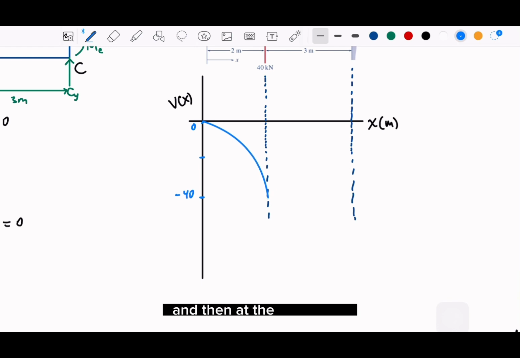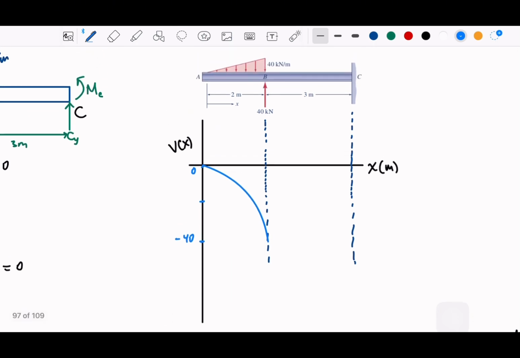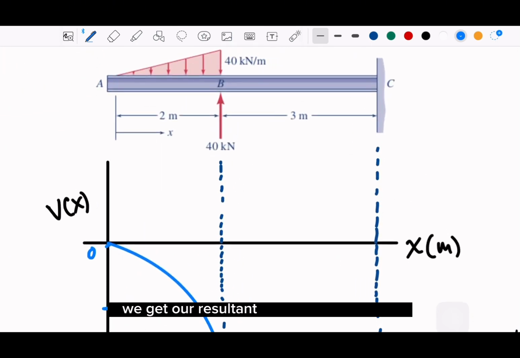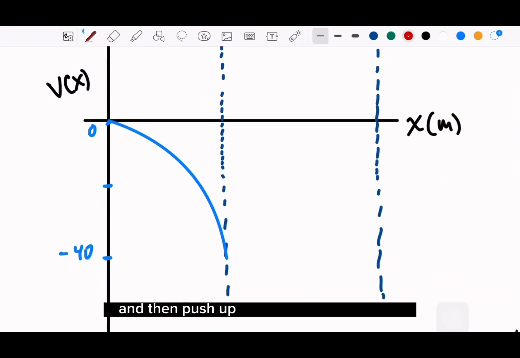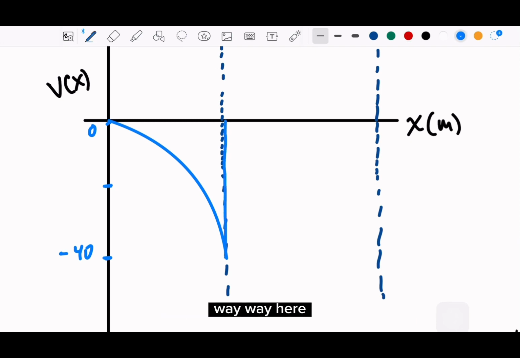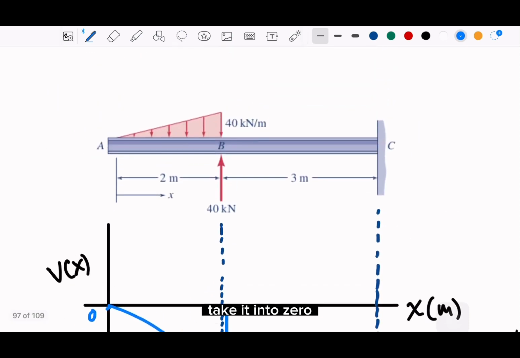And then at the same distance, we get our external force, 40 kilonewton. So negative 40 and then push up a little bit, so it goes up to 0, right?